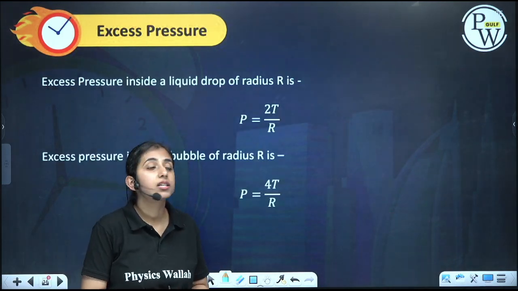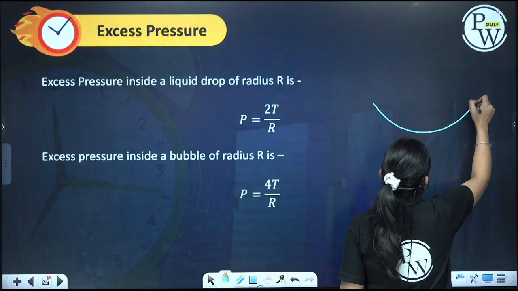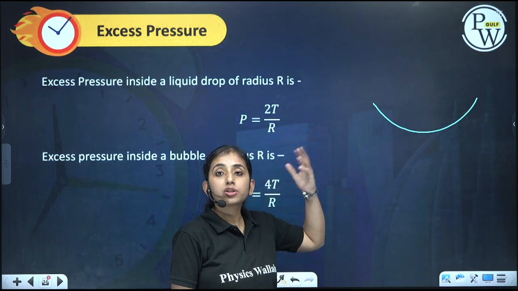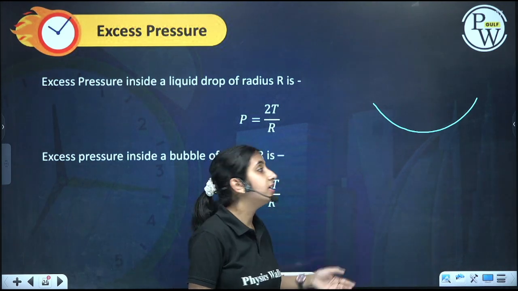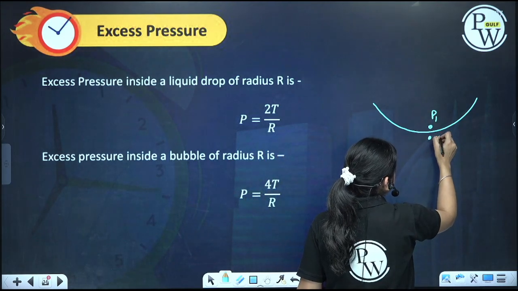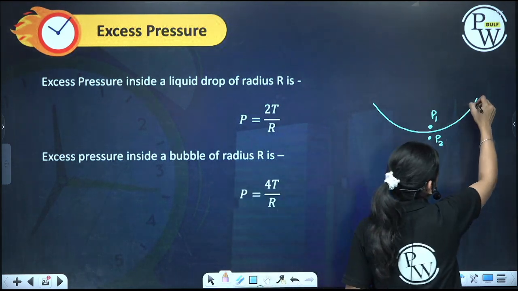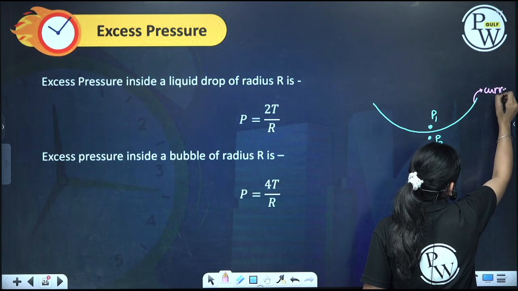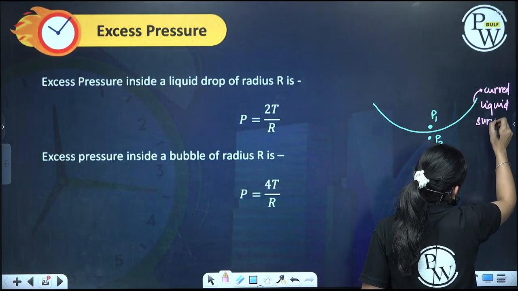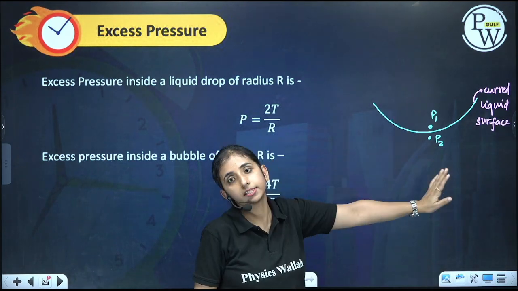Now next comes excess pressure when we have any curved surface of a liquid. When we have any curved surface of a liquid, pressure on the concave side is larger. So if we have pressure here P1 and pressure here P2, this is a curved liquid surface. Liquid can be on any side, this side or that side.